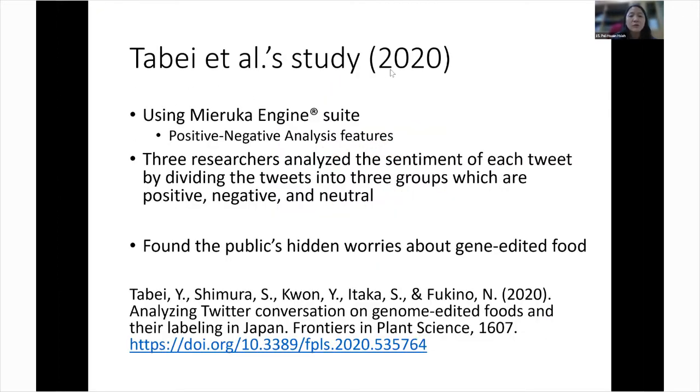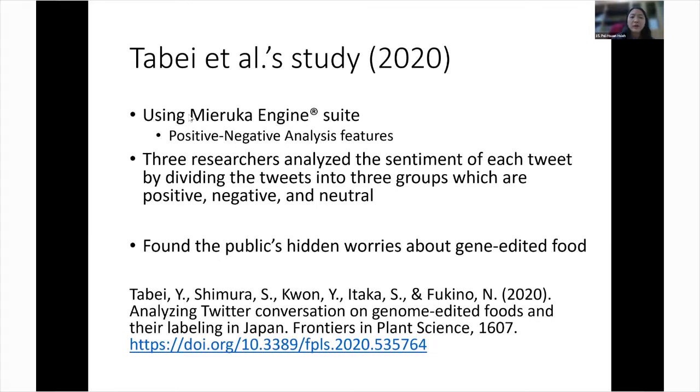And this is also a very good study, and it tells us that this is really what we wanted to do. Based on the studies, we wanted to analyze the sentiment of the posts, and we referred back to these studies to see how they carried out the whole process for Twitter post analysis.